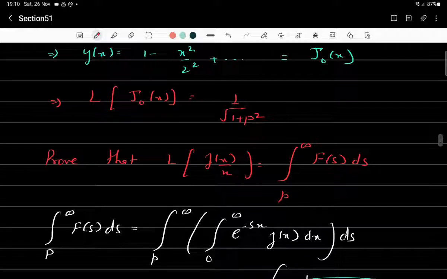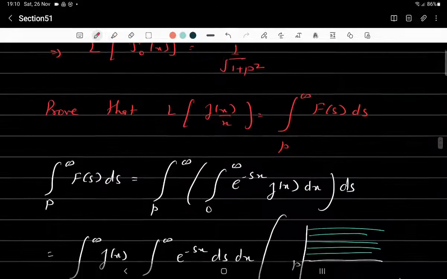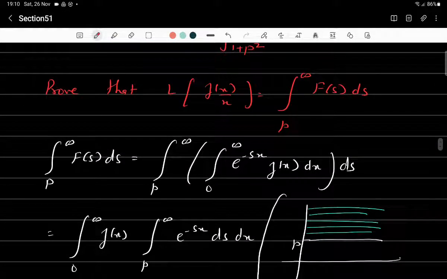If I use the definition, it is integral from p to infinity of integral from 0 to infinity of e raised to power minus sx f of x dx ds. It means my s is moving from p to infinity and my x is moving from 0 to infinity. If I use the change of order of integration, whether I consider the vertical line or the horizontal line, there would not be any change in the limits.